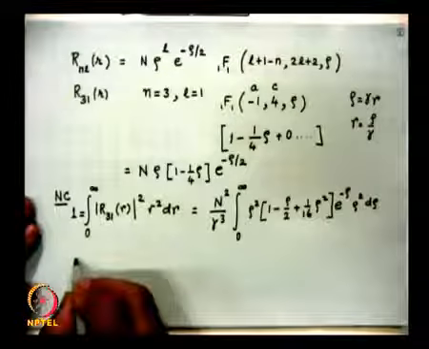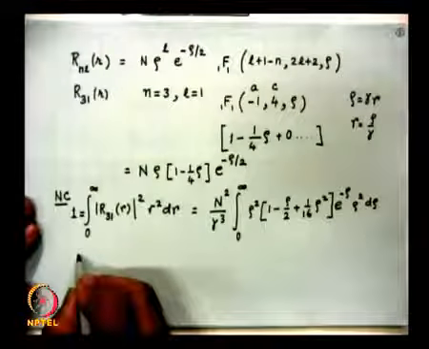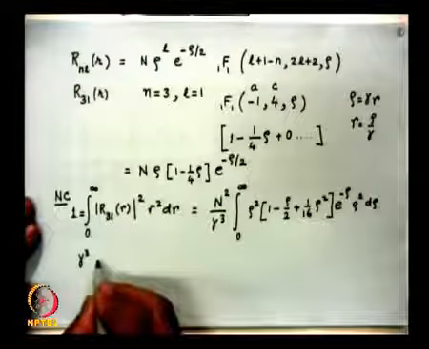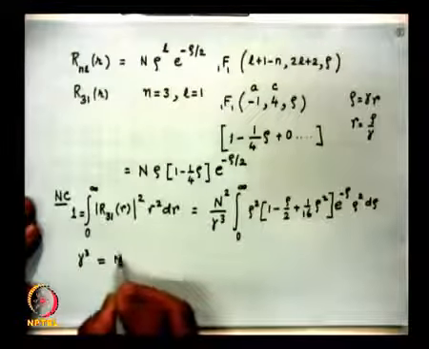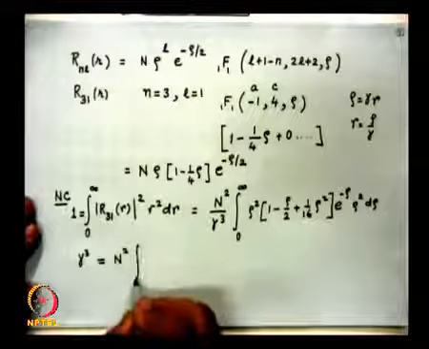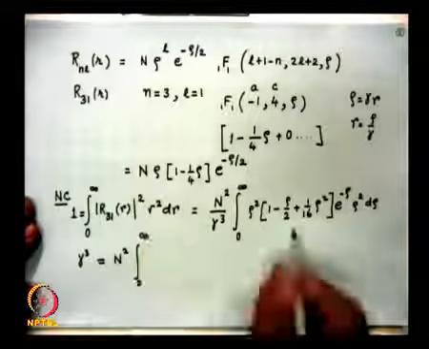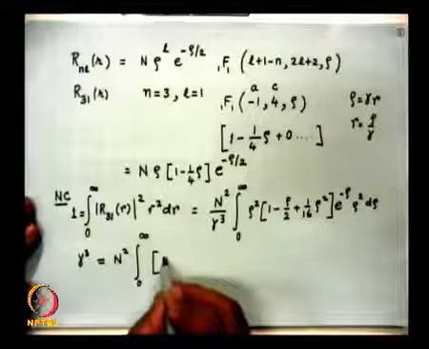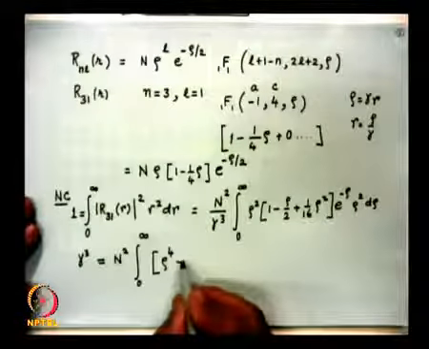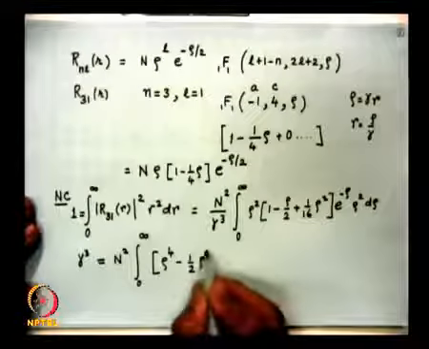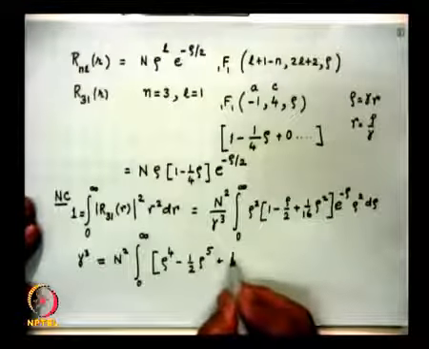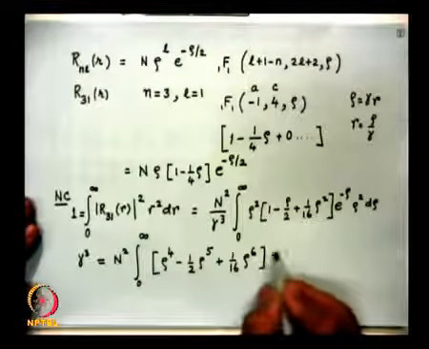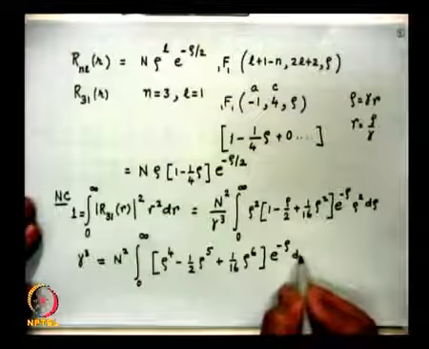So, therefore, if I take gamma cubed to this side, we have N square, integral 0 to infinity. The first term is rho to the power of 4, minus half rho to the power of 5, plus 1 over 16 rho to the power of 6, e to the power of minus rho d rho.